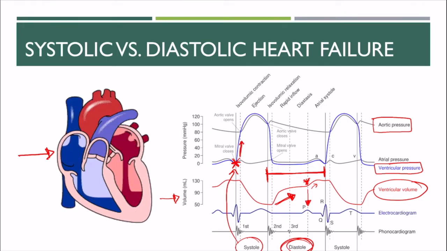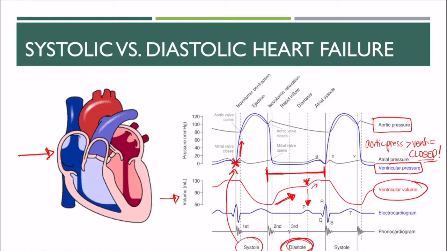But this is called an isovolumic contraction, because the pressure in the ventricle is still less than the pressure in the aorta. If the aortic pressure is greater than the ventricle, the aortic valve is closed. So no blood can leave.